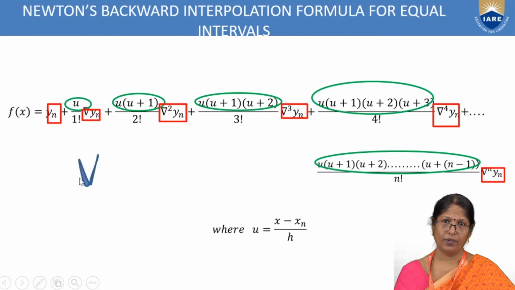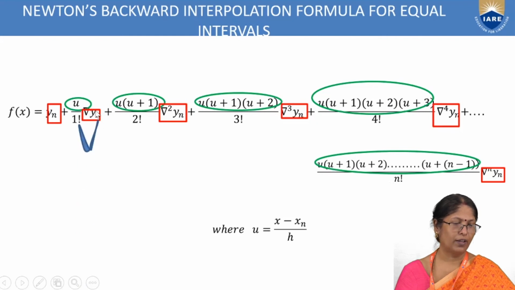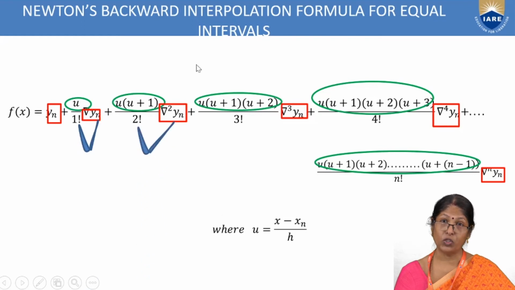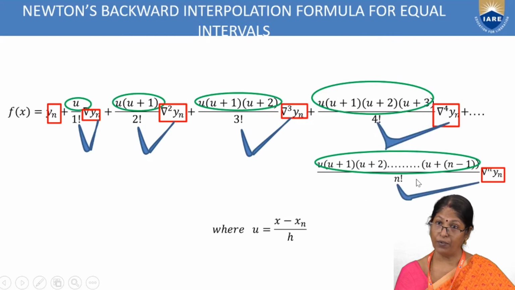Now, if it is del power 1 we write 1 factorial, if it is del square then 2 factorial, if it is del cube then 3 factorial, if it is 4 we write 4 factorial, and if it is n we automatically write n factorial.